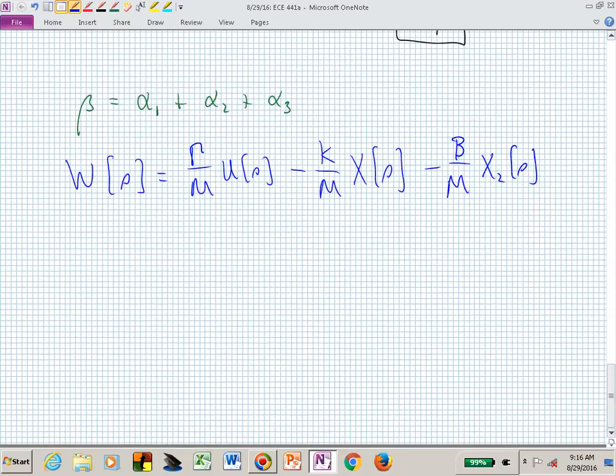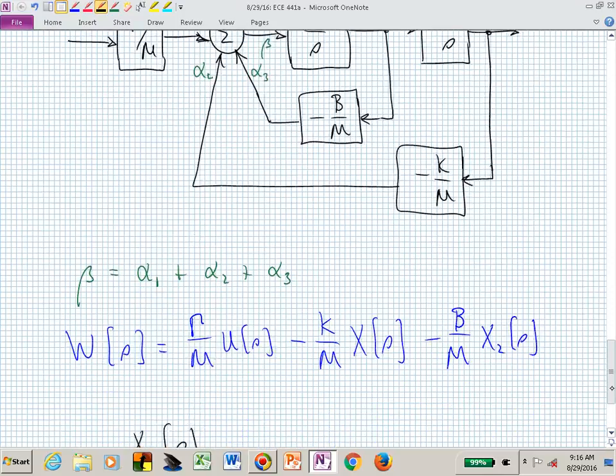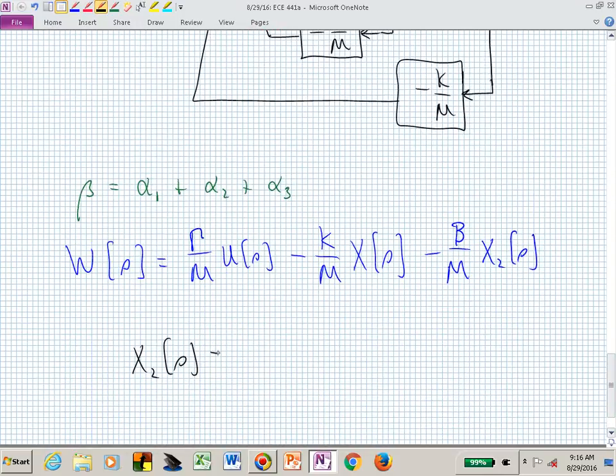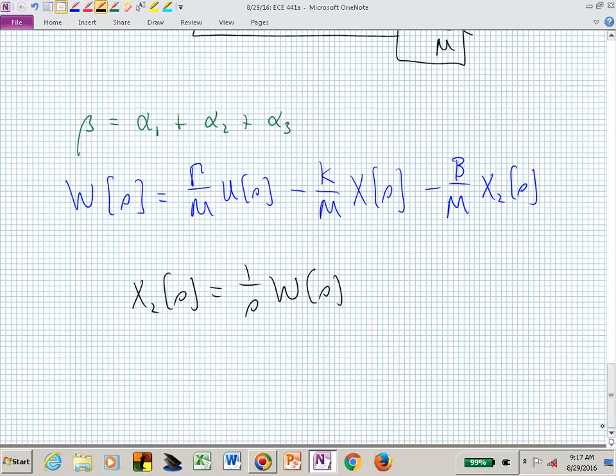Meaning x sub 2 is an input, so I can write x sub 2 as 1 over s w of s. And in fact, that's the frequency domain integration of w of s. That's x sub 2 of s.